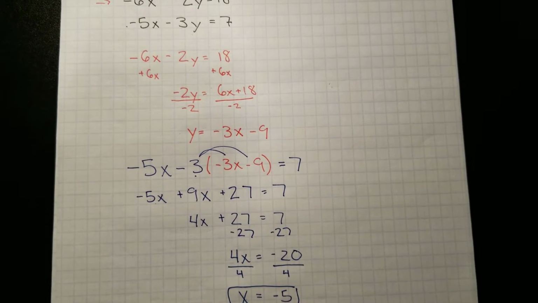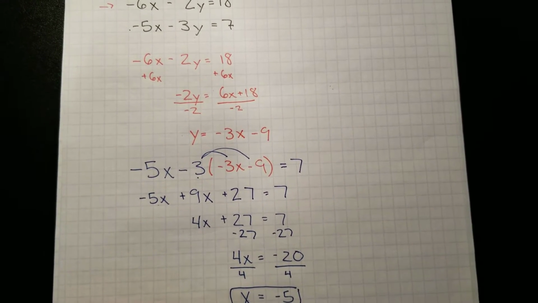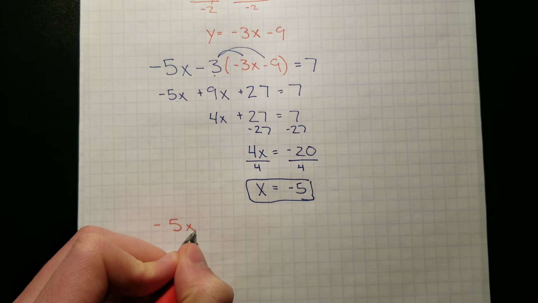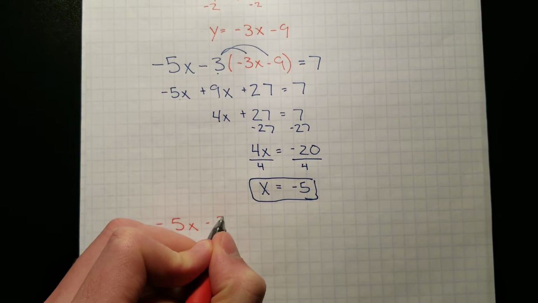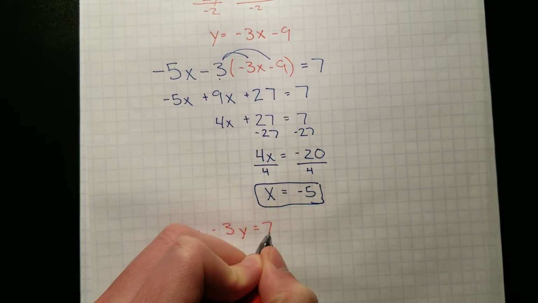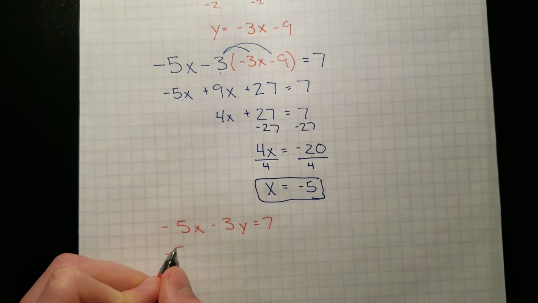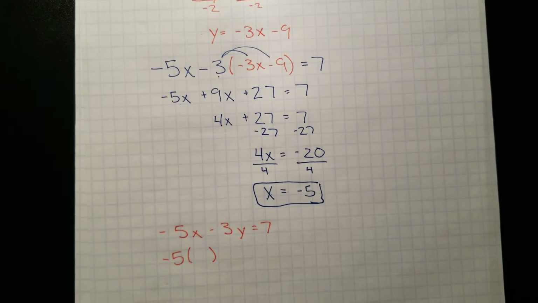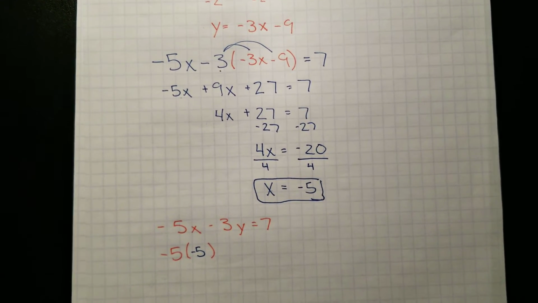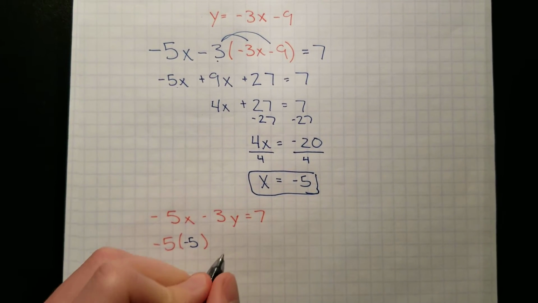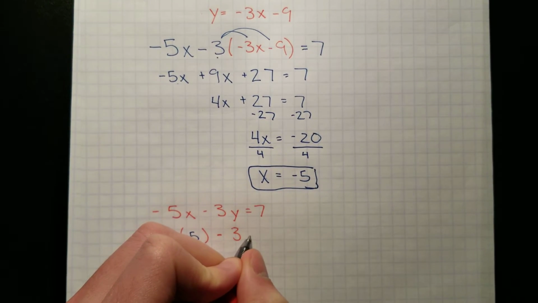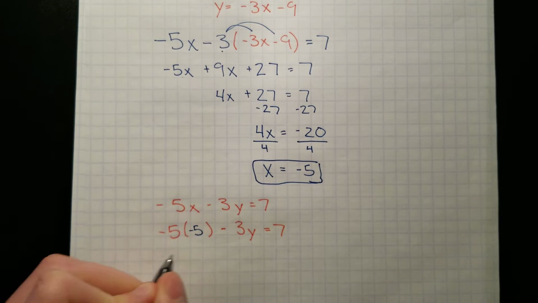So in that equation, we have negative 5x minus 3y equals 7, and we're going to replace the x with a negative 5 from that solution. So negative 5 times negative 5 minus 3 times y equals 7.